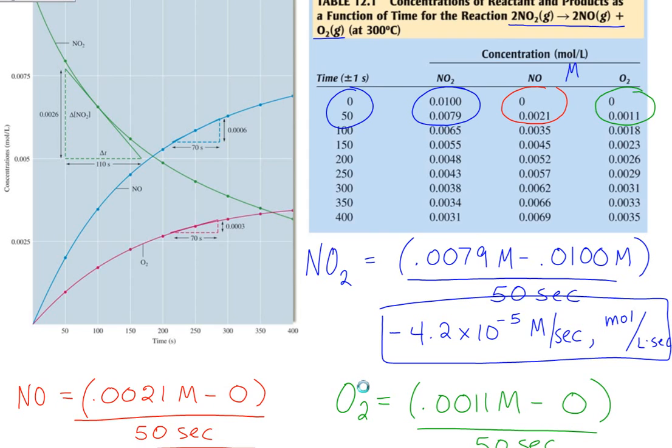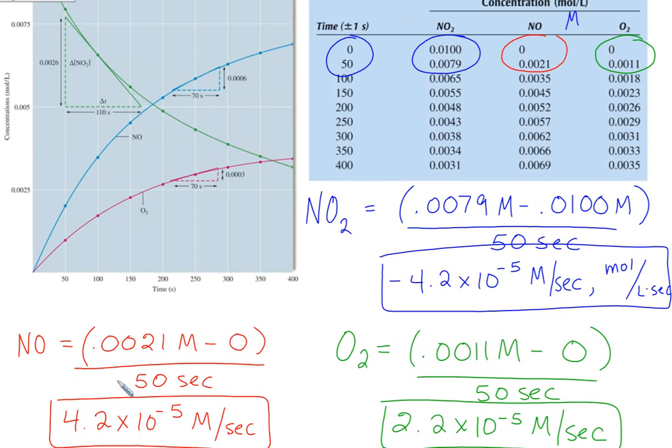Look at the ratio from the balanced equation and look at the ratio between these reaction rates. They change according to the ratio from the balanced equation. So that NO, nitrogen monoxide, is formed at the same rate by which the nitrogen dioxide is consumed. They're the same ratio in the balanced equation, so the reaction rates are proportional.